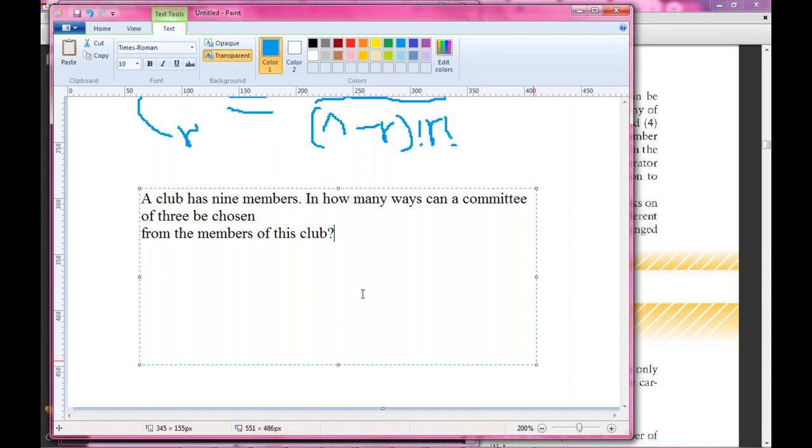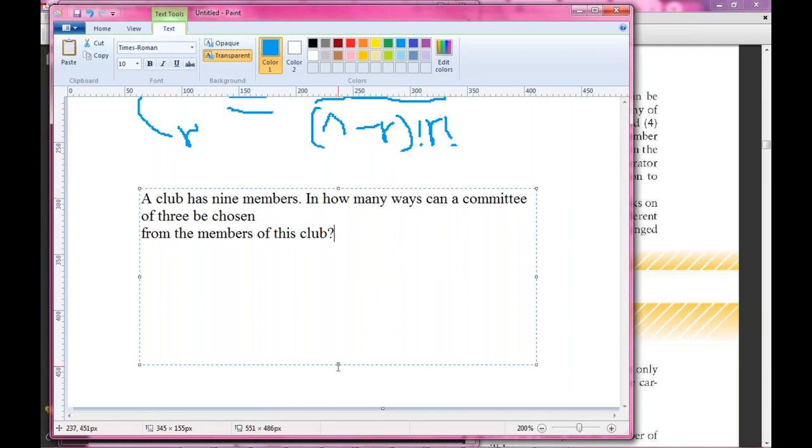In how many ways can a committee of 3 be chosen from the members of this club?